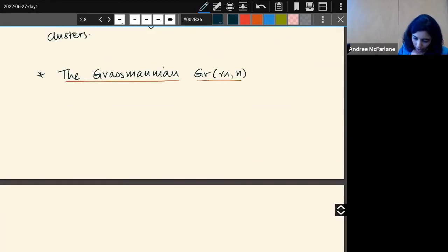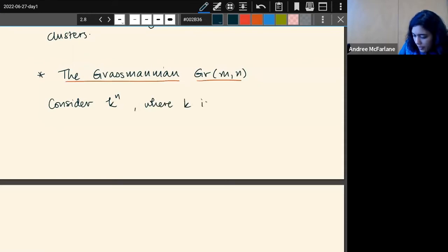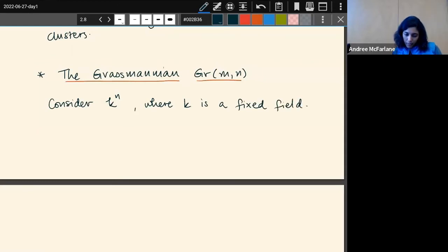So again, just to remind you, the Grassmannian, and I'm not going to worry about what field I'm over, fix a field, okay? So I'm going to be looking at a fixed vector space of dimension n over my chosen field, just k to the n, where k is a fixed field. And what is the Grassmannian?